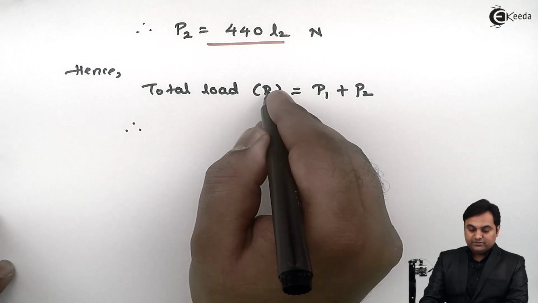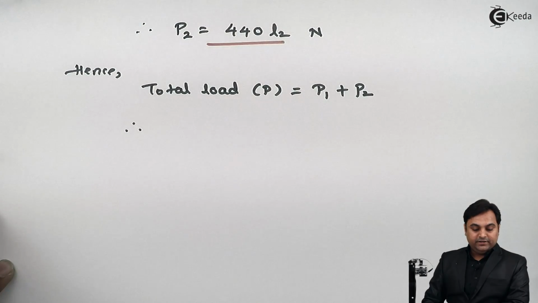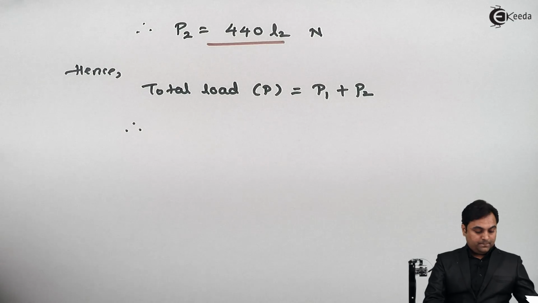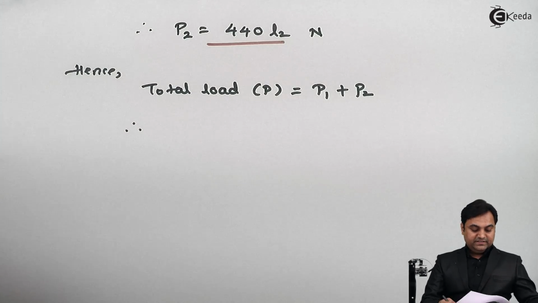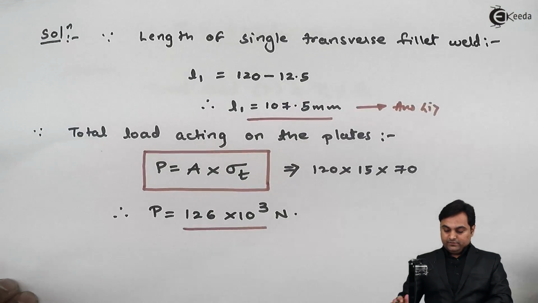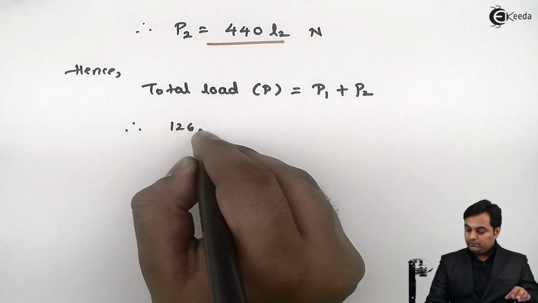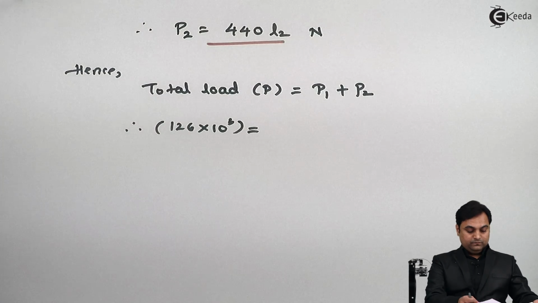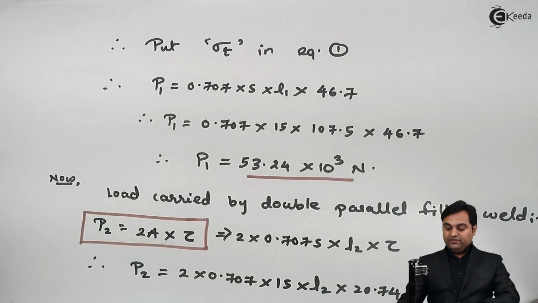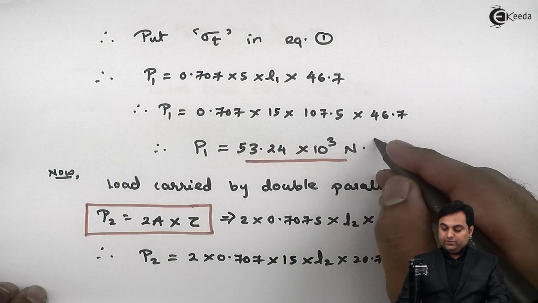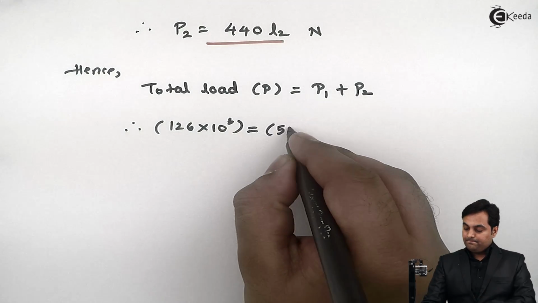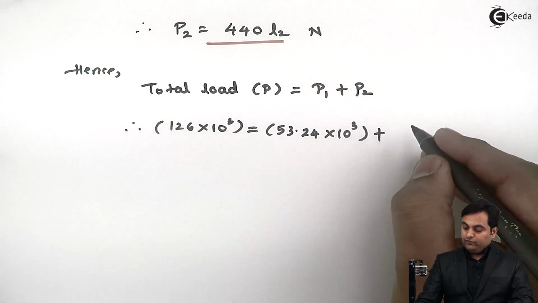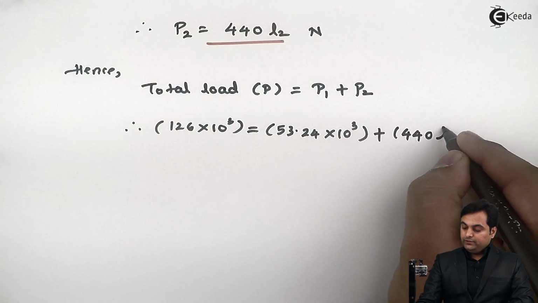This total load we calculated earlier, its value was 126 into 10 raised to 3, equal to P1, which is 53.24 into 10 raised to 3 Newton, plus P2, which is 440 L2.